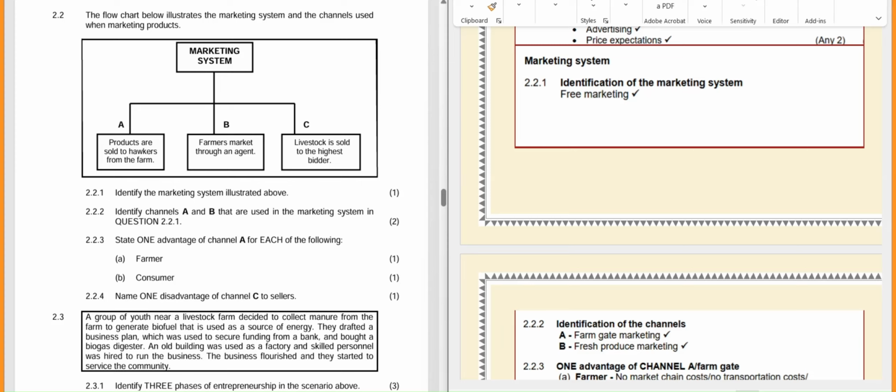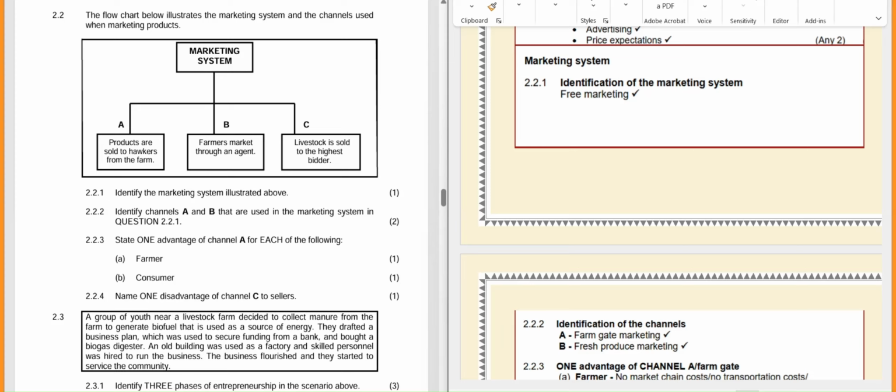One can say I'm taking it with 50,000, and the other can say I'm taking it with 70,000. The customer with the highest offer will be the one who will buy the livestock. That's what they mean by the livestock being sold to the highest bidder. So C is one of the channels of free marketing.